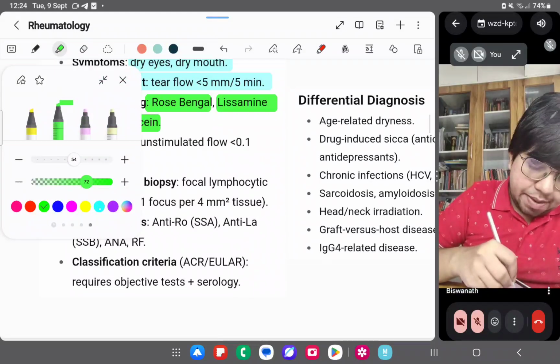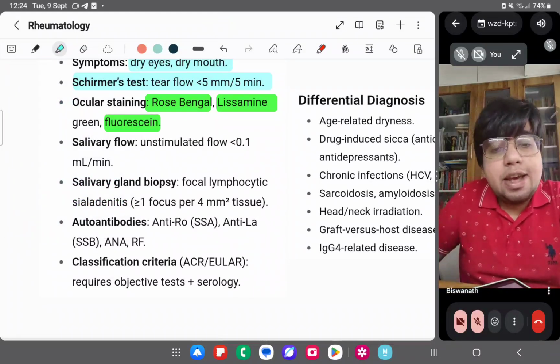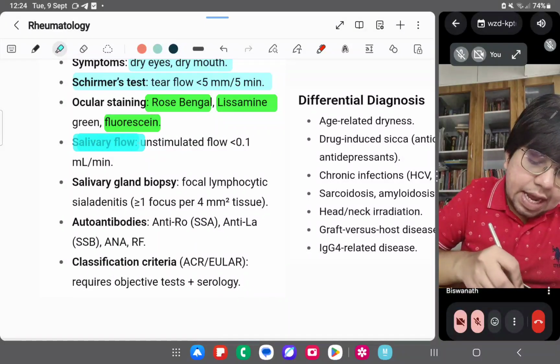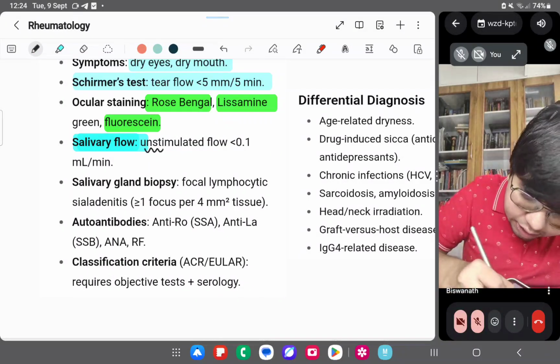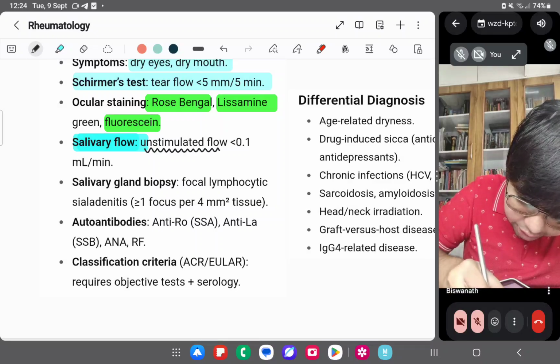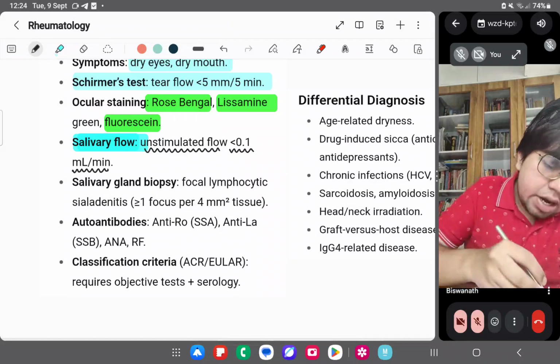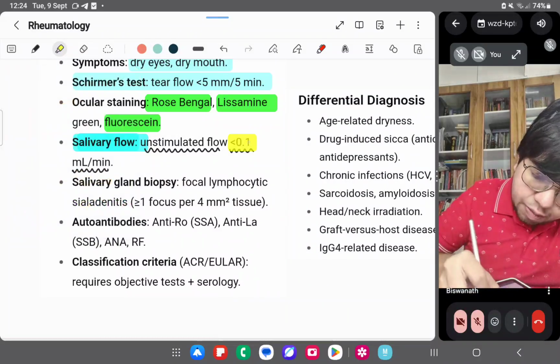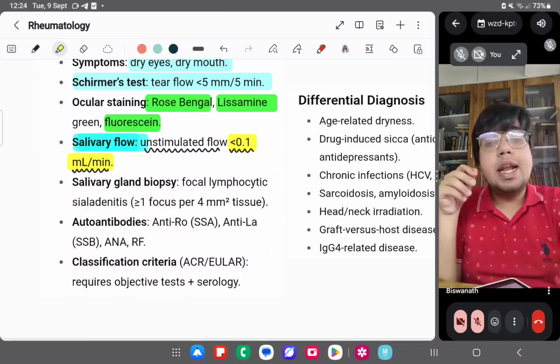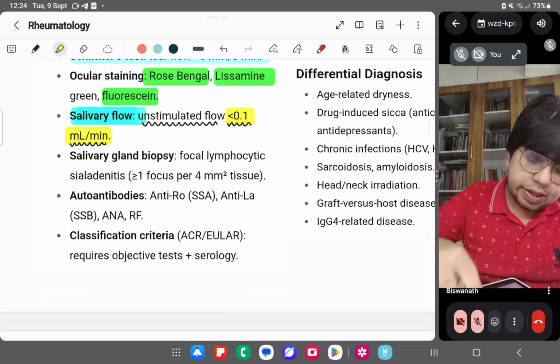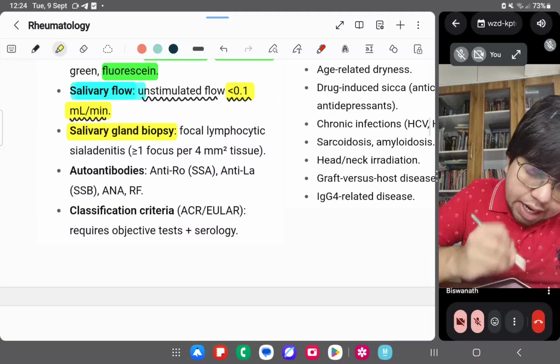We also have salivary flow: unstimulated flow less than 0.1 ml per minute is suggestive of Sjogren's. You can do a salivary gland biopsy.